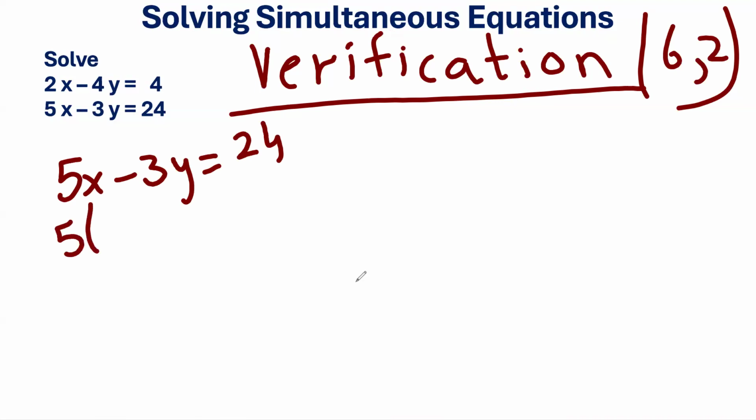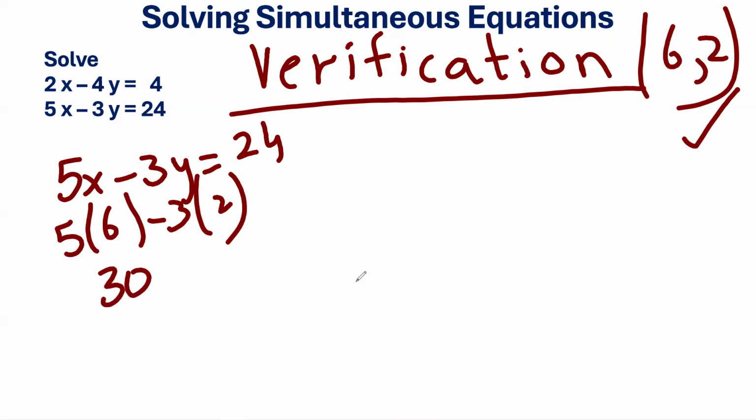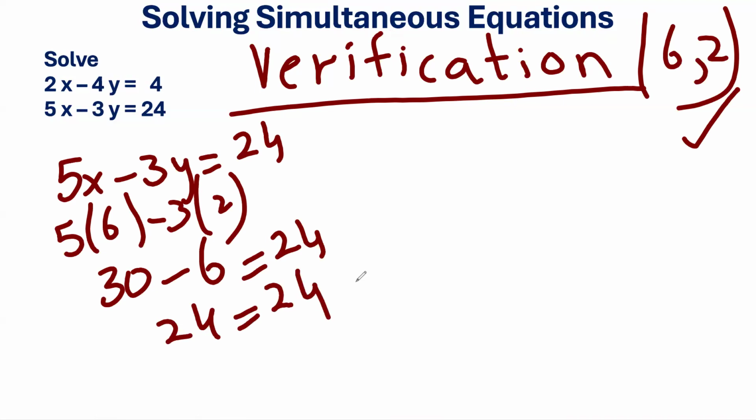X is 6 and y is 2. 5 6s are 30 and 3 multiplied by 2 is 6. 30 minus 6 is 24. It means the left-hand side and the right-hand side both are equal. The equation is satisfied. You can also verify by using the other equation.